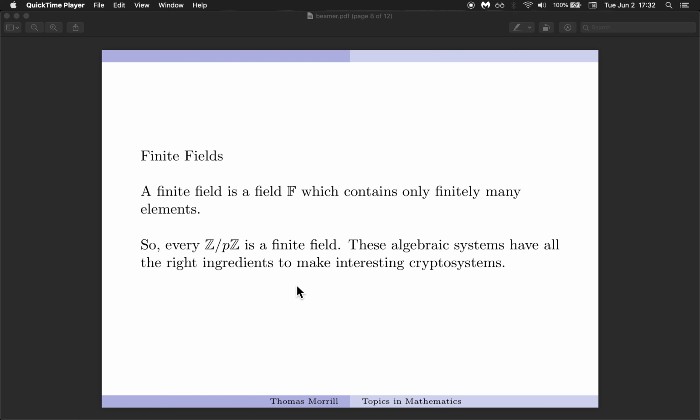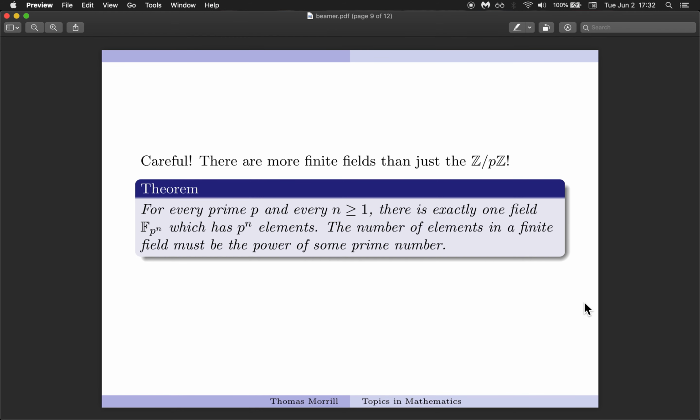The point of this part of the lecture is that Z mod PZ, right, there's infinitely many examples there, but they are not all of the finite fields. There are more finite fields too. And in practical terms, most of these are good choices for performing elliptic curve cryptography.